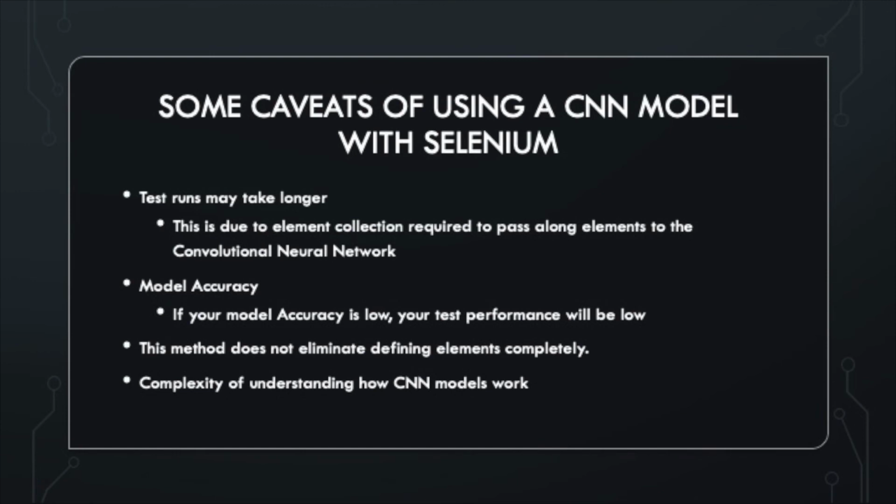And finally, the fourth caveat is the complexity of understanding how a convolutional neural network model works. It will require some technical knowledge and know-how to be able to completely understand what tweaks need to be made in order for the model to be more accurate.